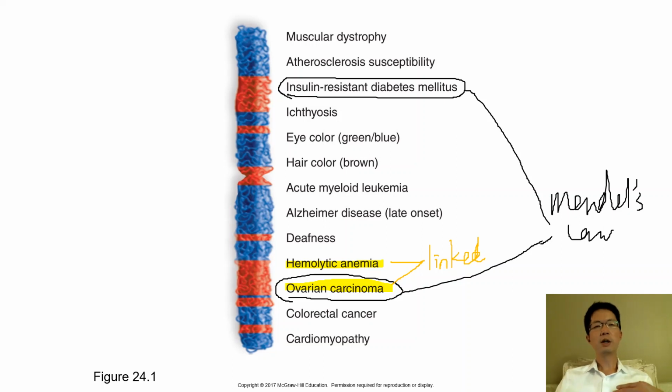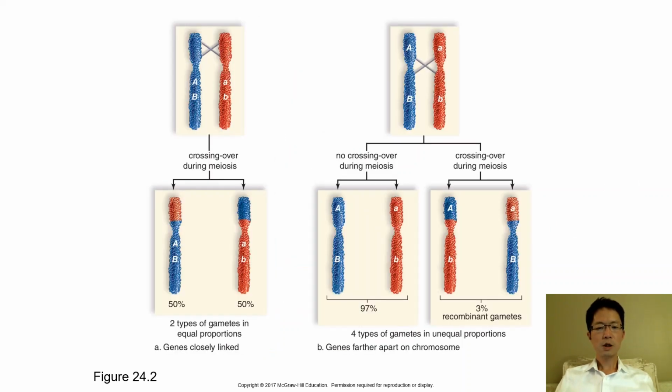When a crossover occurs and one gene jumps to another chromosome, it will usually bring the neighbor gene with it. So linked genes do not follow Mendel's law of independent assortment. This is the example that I just told you.